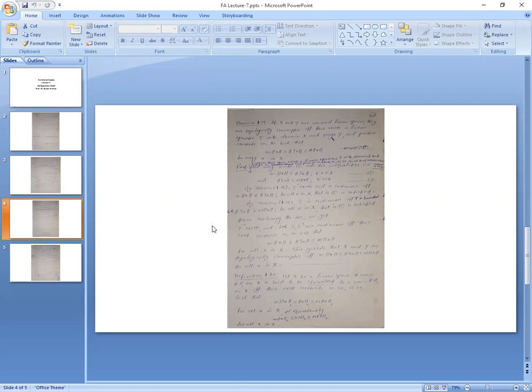If you remember, we proved one result which says that if T is a linear operator from a normed linear space X into another normed linear space Y, then T inverse exists and is continuous if and only if m times x norm is less than equal to Tx norm for all x in X. We have proved this result in our previous lecture.